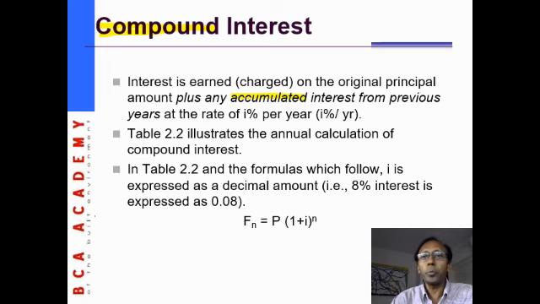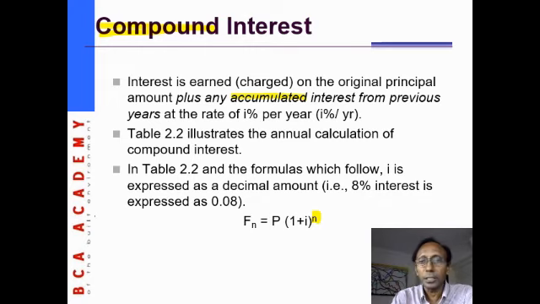It is accumulated, and for the next year you get interest on the accumulated amount, not on the principal, and year after year it increases and increases. So it increases exponentially. That means to the power of n as the number of years goes by. Instead of direct multiple of I into n, it becomes to the power of n.